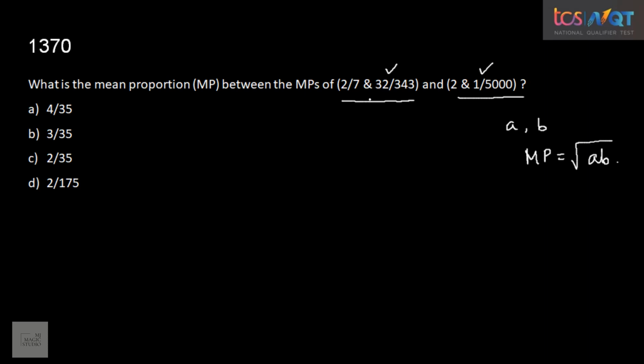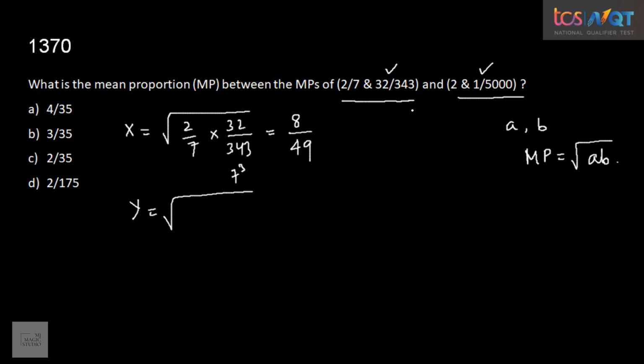So the mean proportion of x is root over 2 by 7 into 32 by 343. Okay, 32 into 2 is 64, that is 8 square, and 343 is 7 cube. 7 cube into 7 is 7 to the power 4, root means 7 square, that is 49. So this will be 8 by 49.